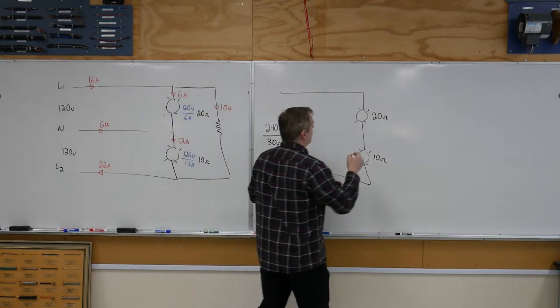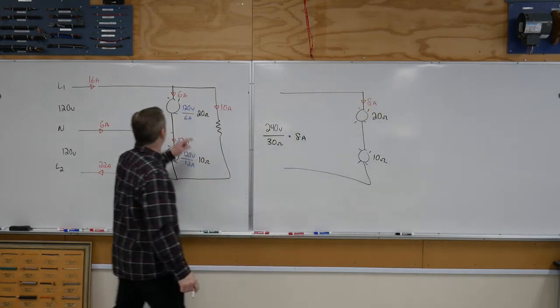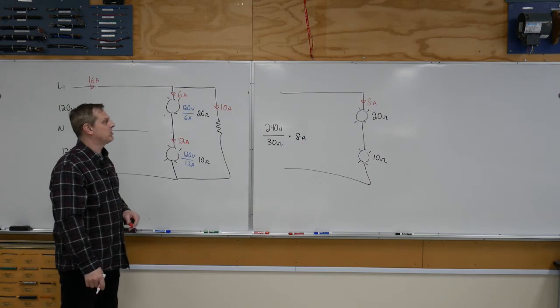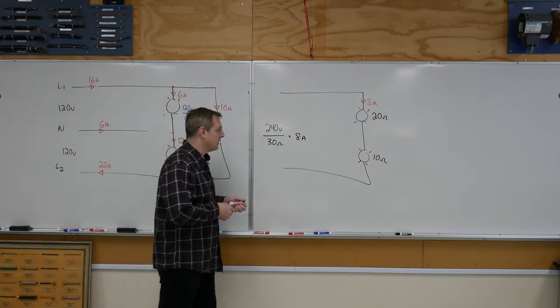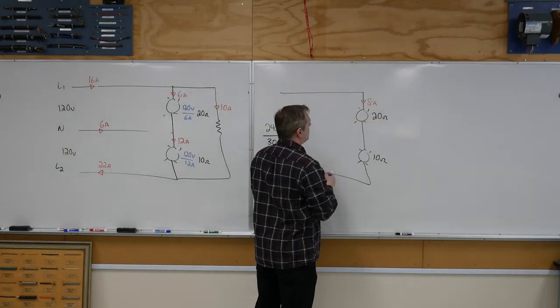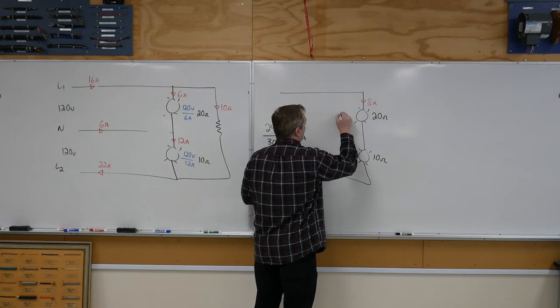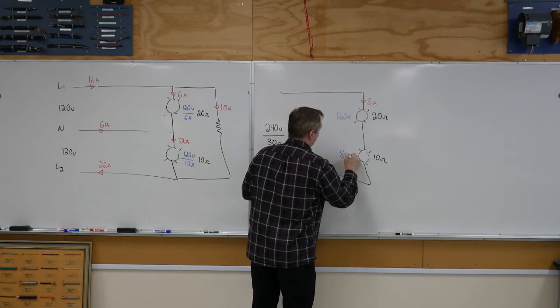So now we have 8 amps flowing on that portion, not the 6 and the 12 that were there originally. Using that current and the original resistances, we can solve for voltage drops. So 8 times 20 gives me 160 volts, and 8 times 10 gives me 80 volts.